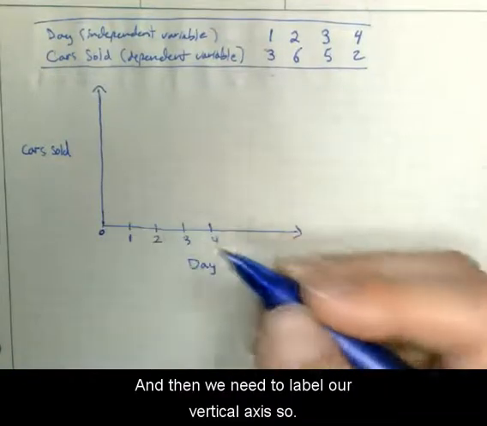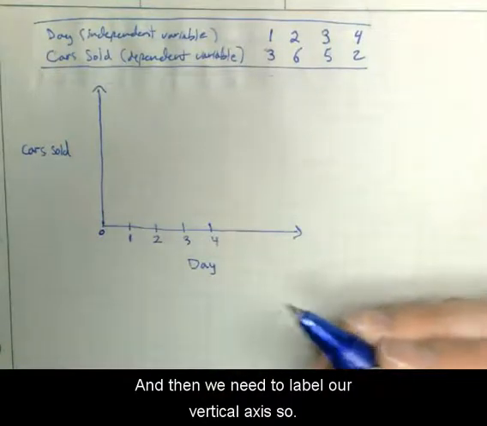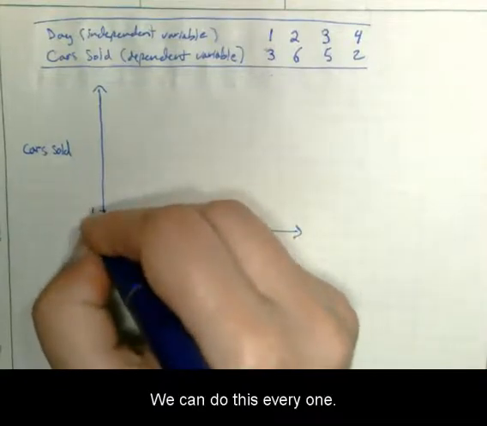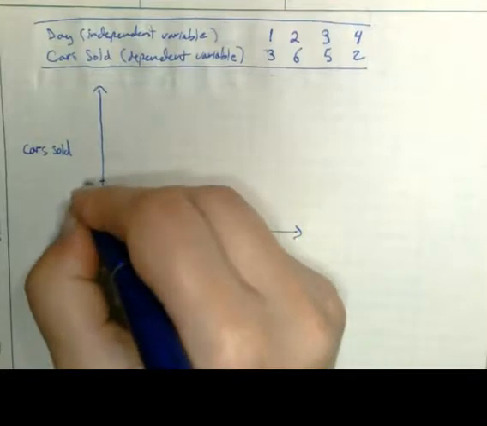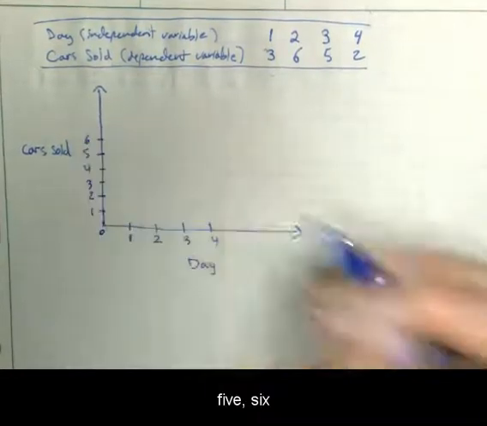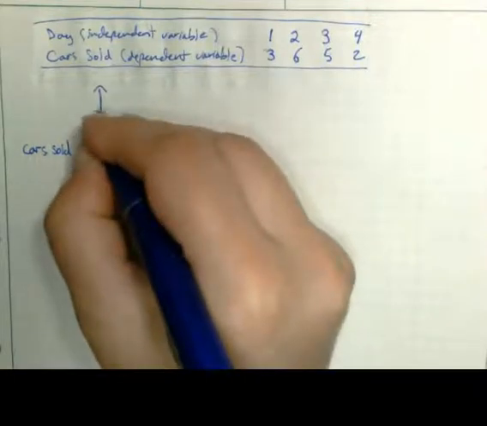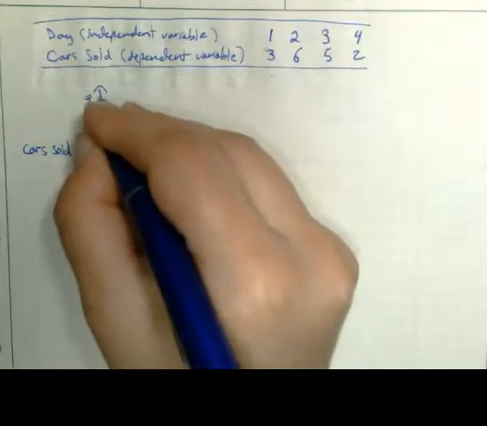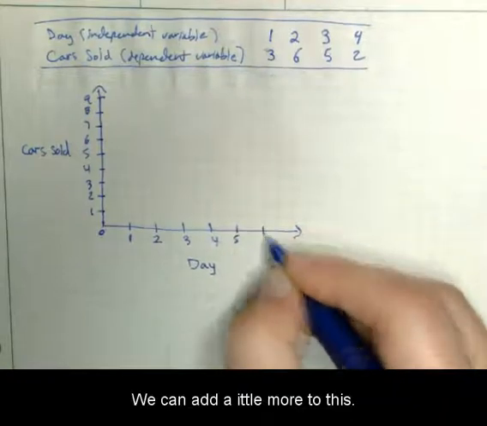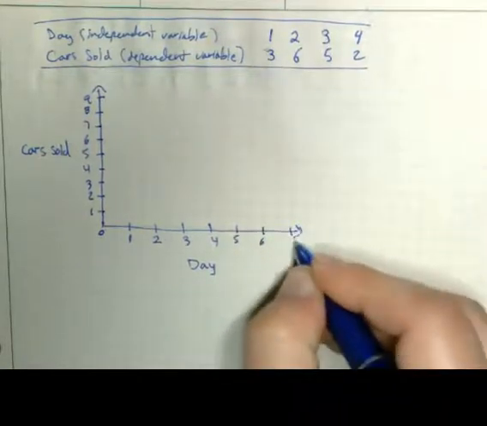And then we need to label our vertical axis. So we can do this every 1, 2, 3, 4, 5, 6, 7, 8, 9, up to almost 10, and we can add a little more to this horizontal axis here.